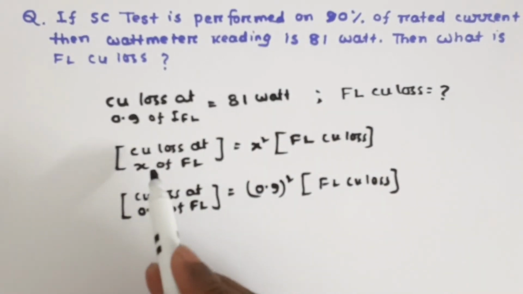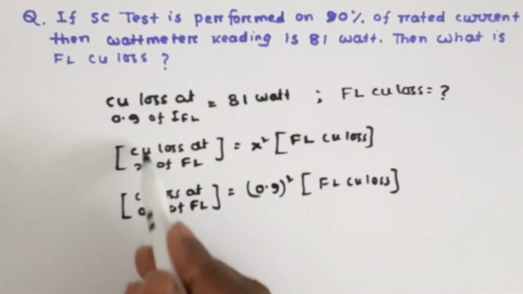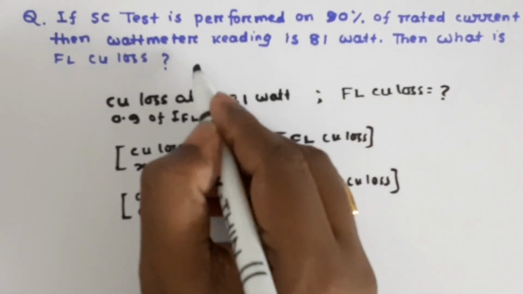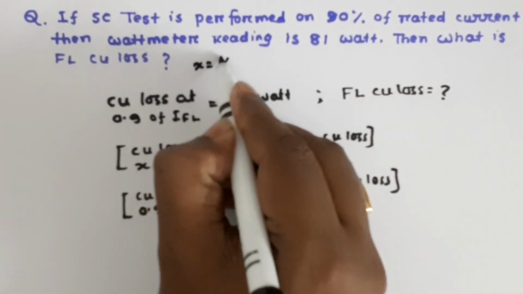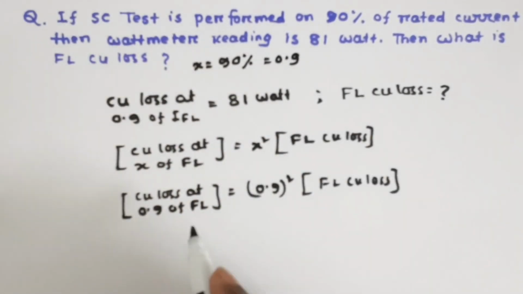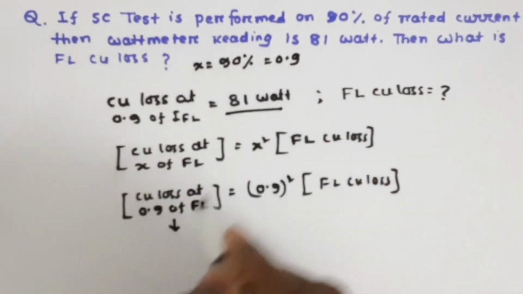Here X equal to 90%, that is equal to 0.9, and the copper loss is given as 81 watt.